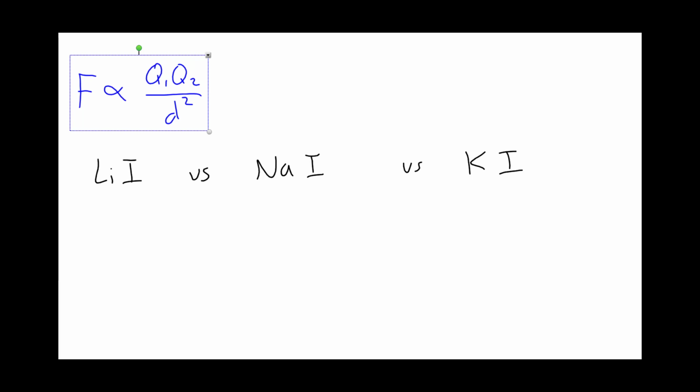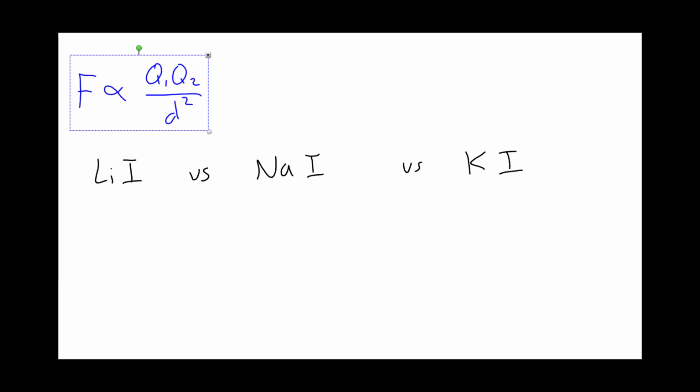The question is, which one would have the greatest lattice energy and which one would have the smallest lattice energy out of this grouping? You can't use the trick we used in the last case, because all of these have charges of +1 and -1. So the charges are the same for all 3 of these.